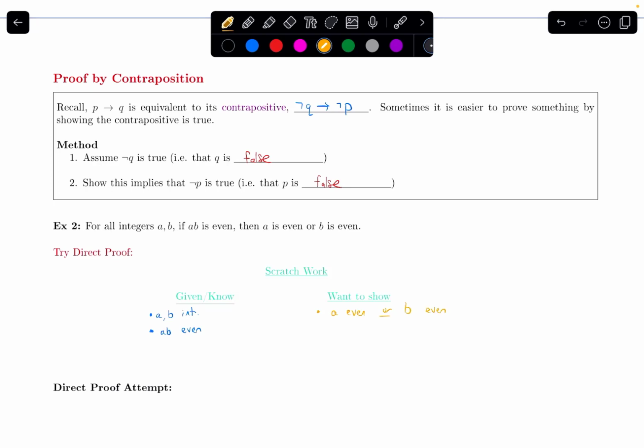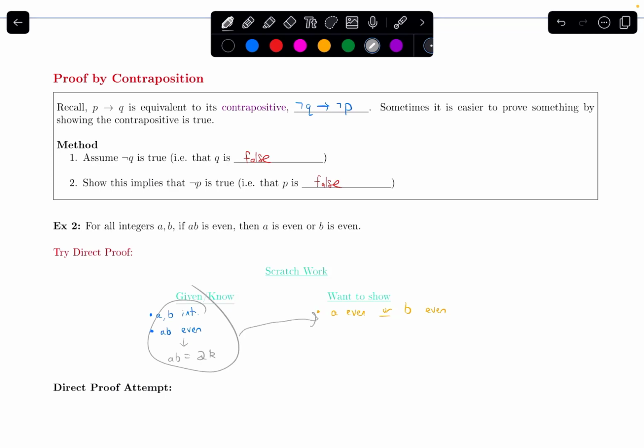Okay, so let's do some more scratch work thinking. If ab is even, that means that ab is equal to 2 times some integer k. ab has the form 2 times k. Eventually I'm trying to get a connection between this given stuff and what I want to show.